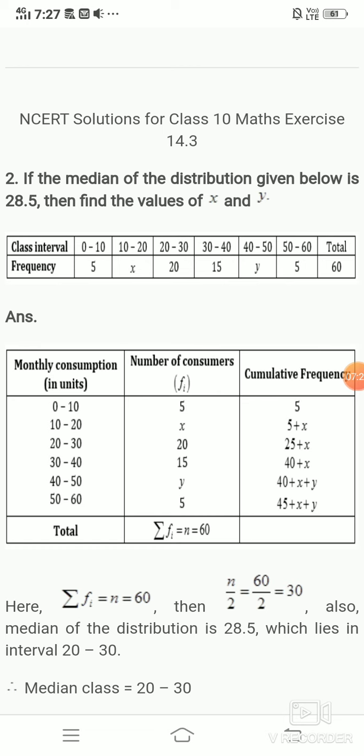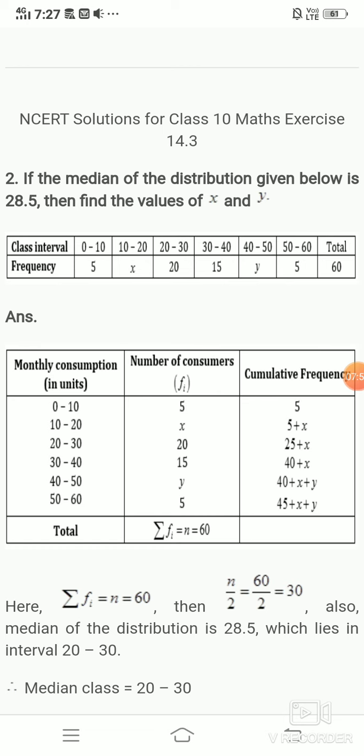So 30 is 25 plus x, given something is added. The frequency is also at least 5, so 25 plus at least 5 is 30, so it should be the 20 to 30 class interval. So don't think about 40, the next number after 30.